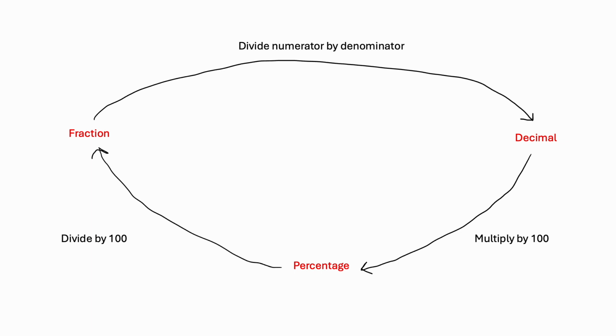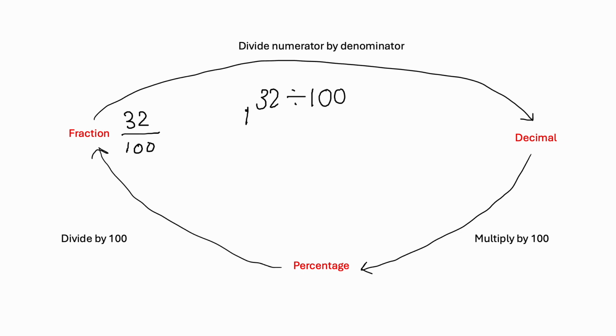Now we're going to look at converting. So when we want to convert from a fraction to a decimal, we divide the numerator by the denominator. So for instance, we can say 32 over 100. So when we want to convert from a fraction to a decimal, we are essentially doing 32 divide by 100.